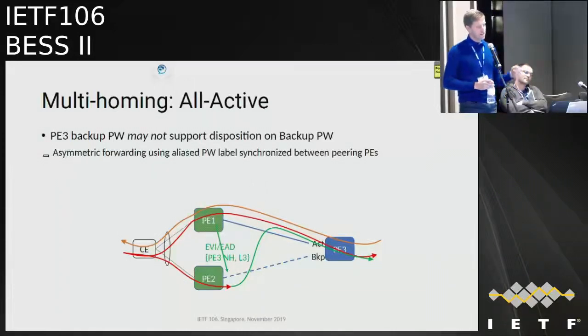PE1, which is EVPN aware and has an active pseudowire and an active session to PE3, shares what we called an aliased pseudowire label over to PE2, to share the session between PE1 and PE3 with PE2, in such a way that PE2 can then use the PE3 next hop and the PE3 label for sending the left to right CE to core traffic. And that's it.